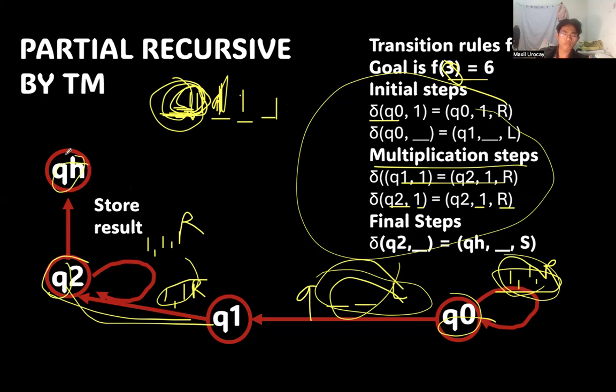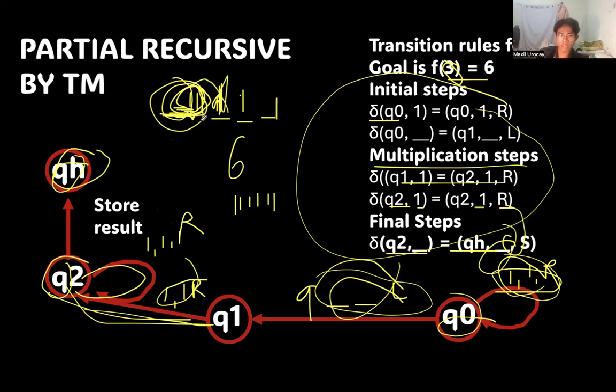So after the Turing machine finishes all iterations, when the input is already exhausted, it will halt and print the result in your final state. So that's why Q2 and your QH will print your variables. So that will be 6 already, and that is the final state. The tape after halting, by the way, will become 111111, since while doing this one here, we visit, then we store, and we append. So we visit, we store, we visit, we store.